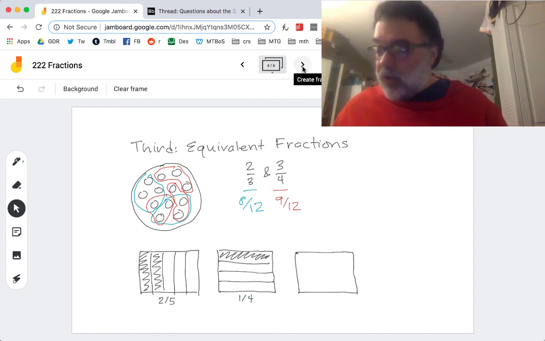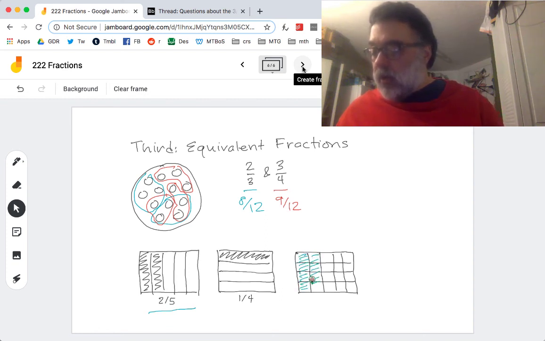We'll use both ways of drawing now in the same rectangle. So the 2/5, that's 8 of these pieces.